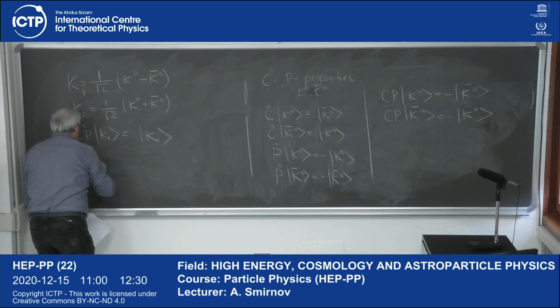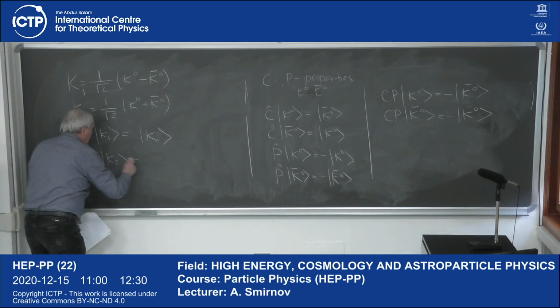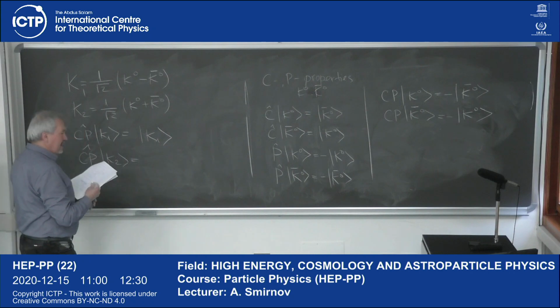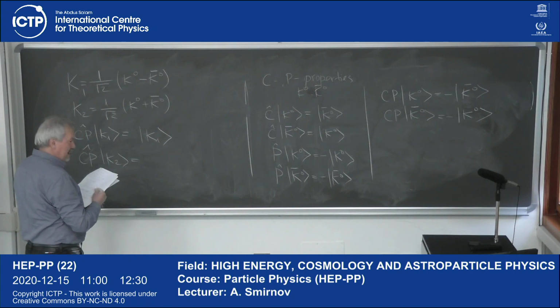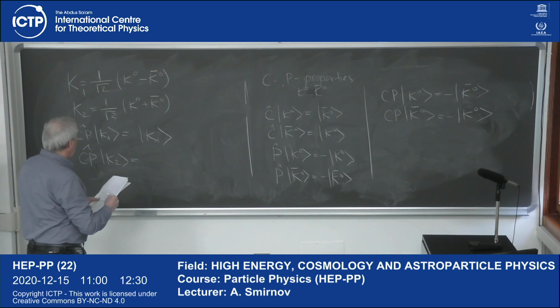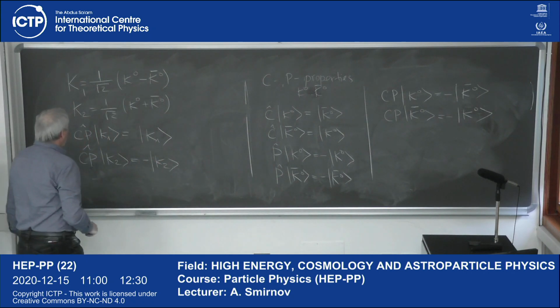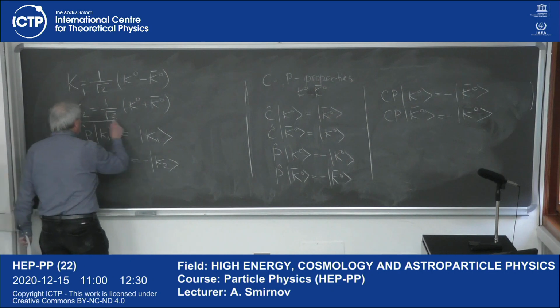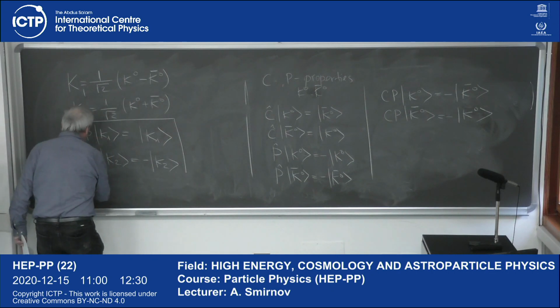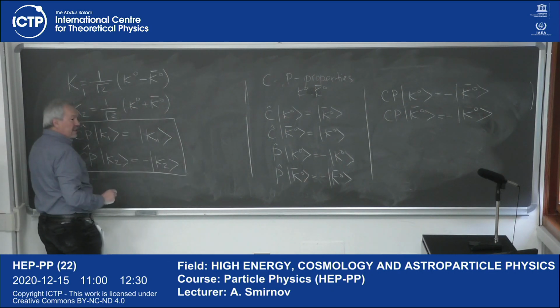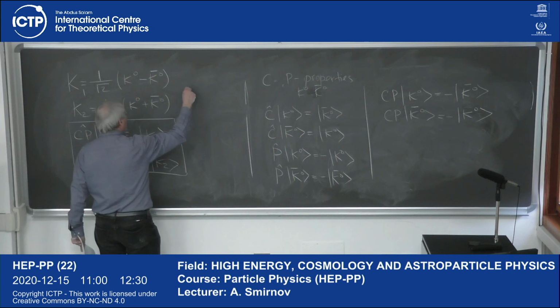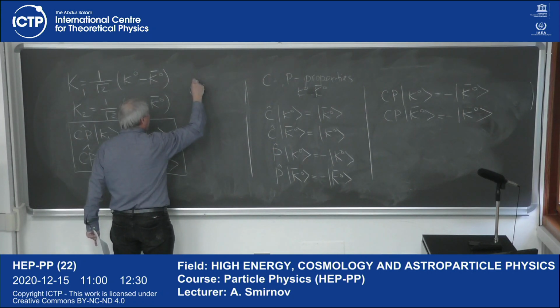So now let's take K2. How is this transformed? Minus K2. Right, so that's minus K2. Now it becomes more interesting. So these two equations can now be considered as equations for eigenstates and eigenvalues of operator CP.